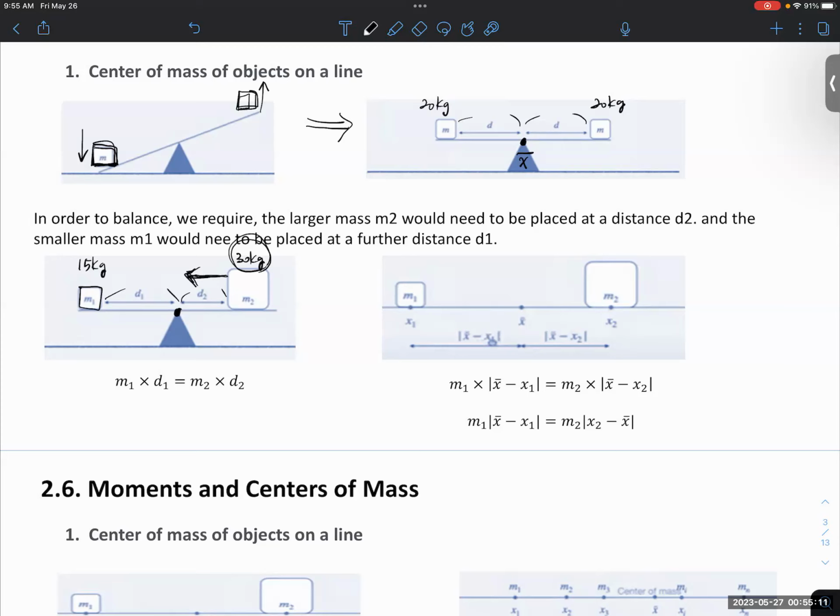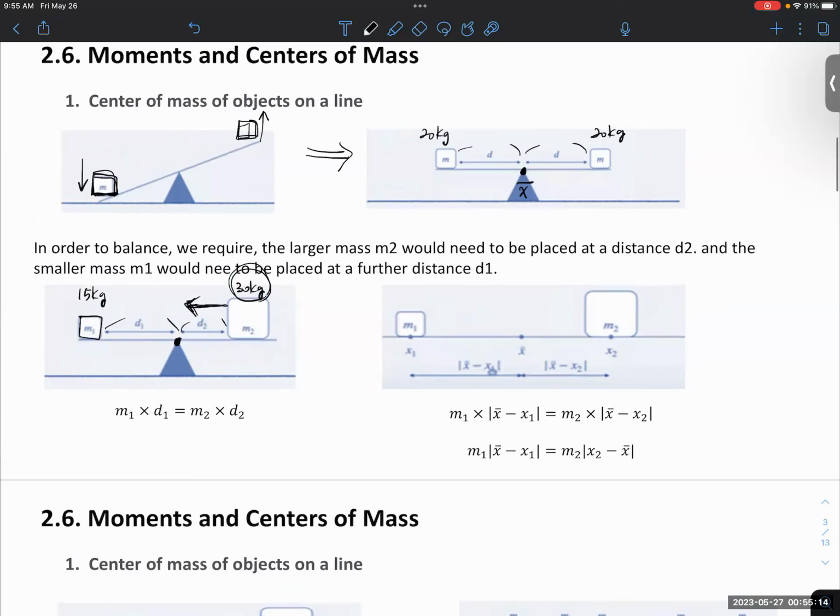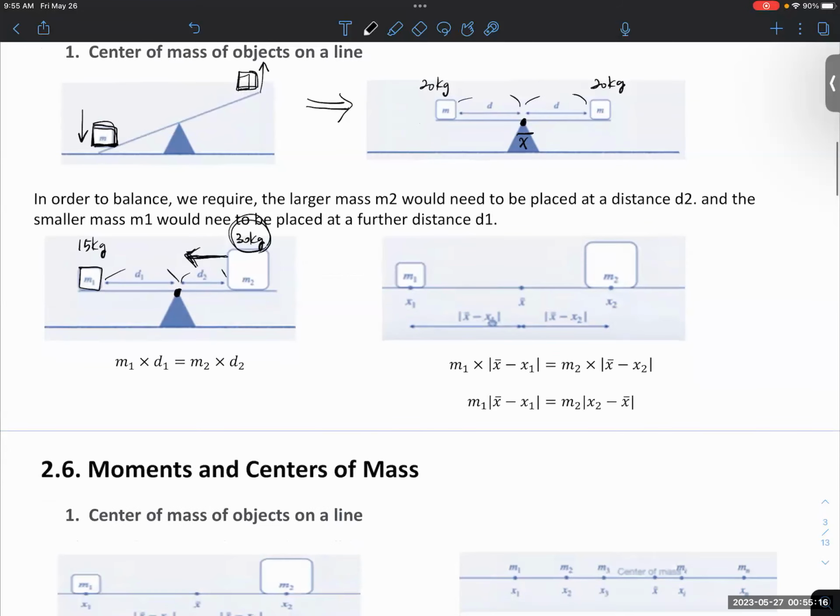So mathematically, maybe we can think about this equation. Let's say you have weights M1 and M2, and the weights are not equal to each other. My goal is to find the balancing point x bar. Let's say the distance between the balancing point and M1 involves x1, and the distance between M2 and the balancing point involves x2.